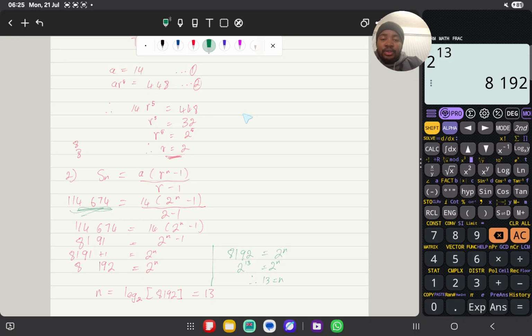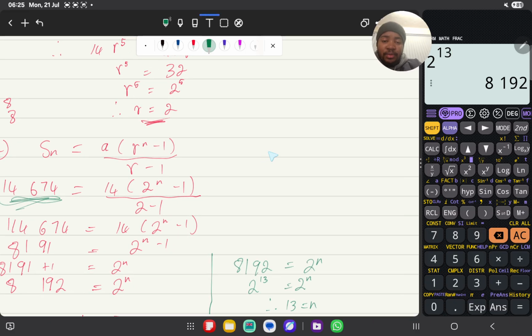So the answer we're looking for is x, the number of terms added to the first 6 terms, and they gave us 114k. In total there were 13 of them. So therefore x will be 13 minus 6, which is 7, I believe. Yes, it is, right?